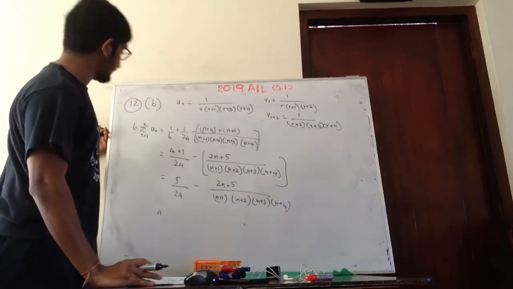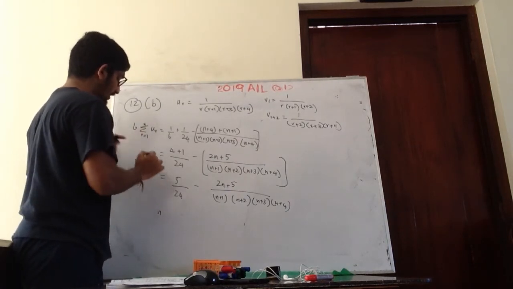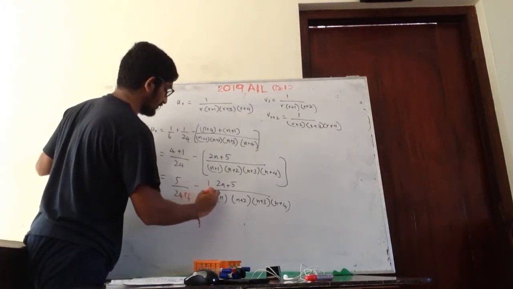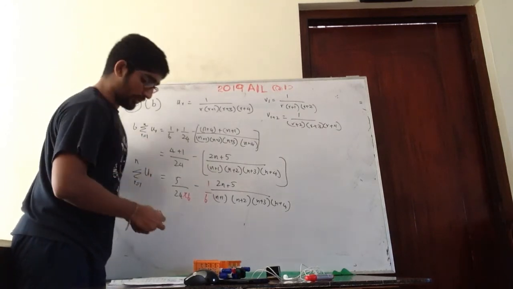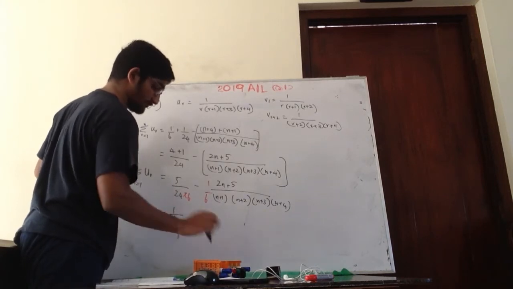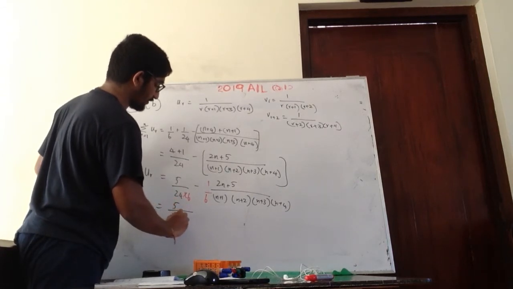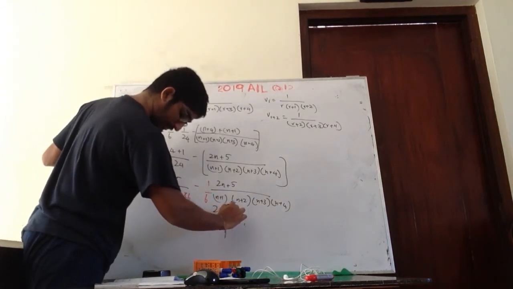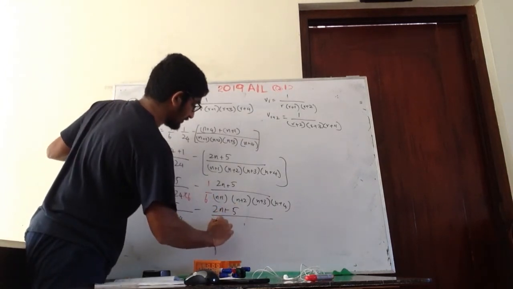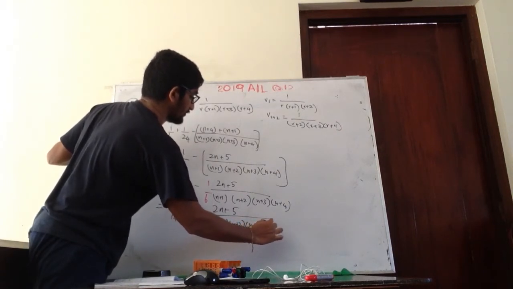Is this the answer they are asking? No, there are 6 here. So I will eliminate this 6. I am going to divide by 6. So 24 times 6 is 144. Five over 144 minus 2n plus 5, over 6 times (n plus 1)(n plus 2)(n plus 3)(n plus 4).